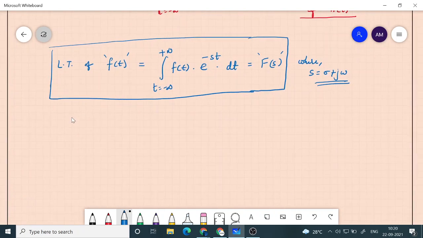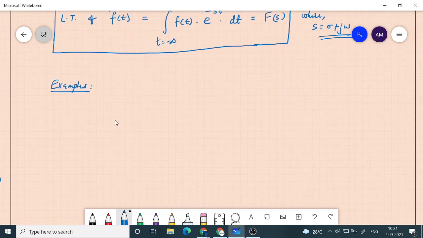Okay, so now let's take some functions. We are going to evaluate the Laplace transform of standard functions. Examples. Okay, so the simplest example we can think about is Laplace transform of delta of t.